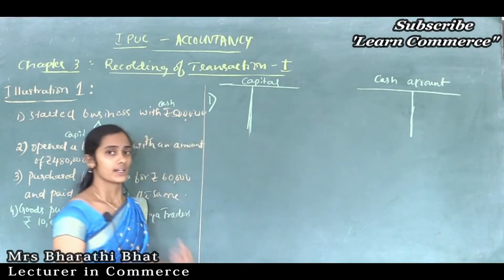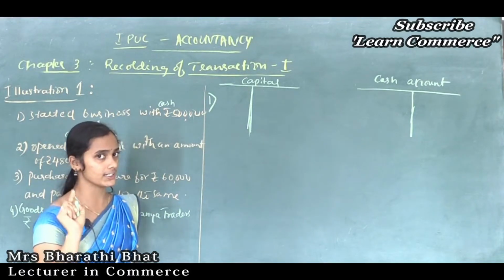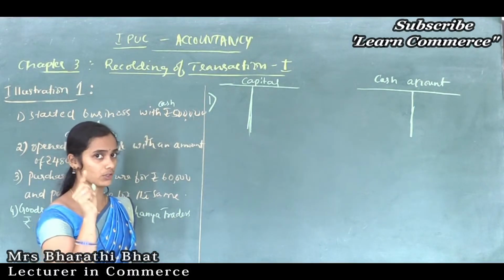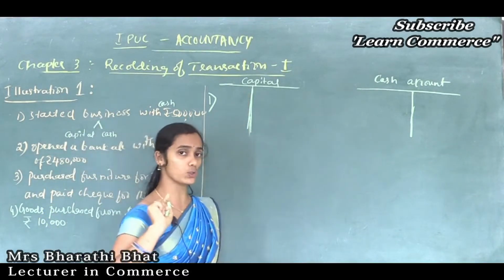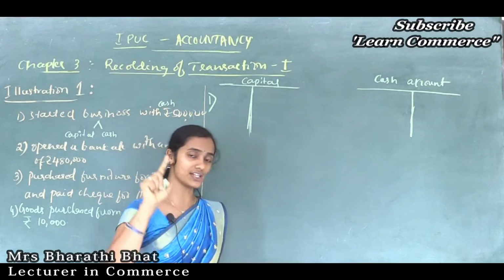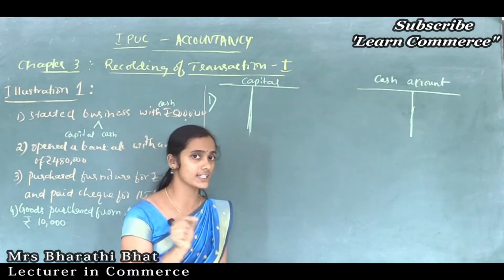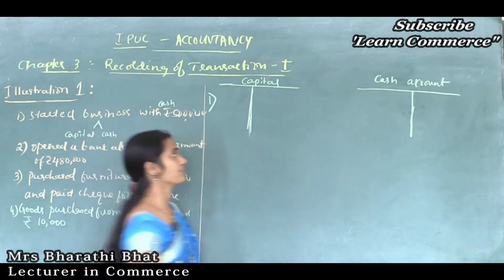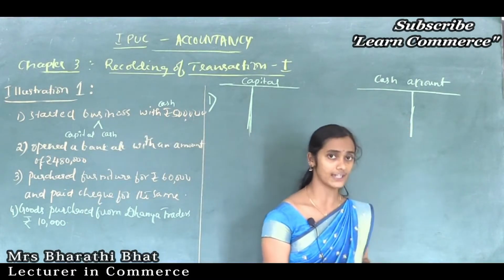See, according to the rules of capital and asset, now we should know the capital rule and the asset rule. So what is the rule of capital? Increases in capital is to be credited, decreases in capital is to be debited. Cash is considered as an asset.